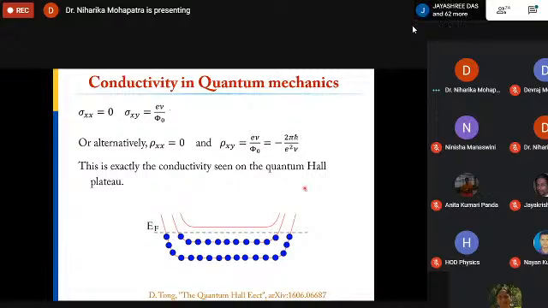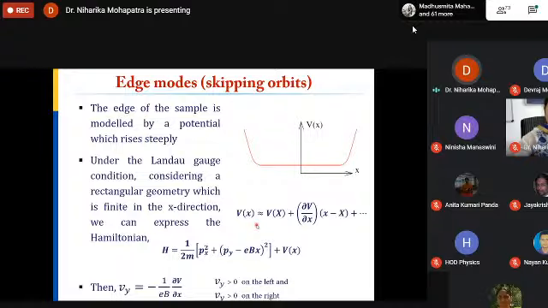Now, how do we get this edge current? That is because when you draw these Landau levels, you can see that in the bulk they are away from the Fermi level, whereas these are filled up to the Fermi level, and only at the edges you find these carriers. Mathematically also you can show this. At the edges, because of the cut, there is an additional potential that you can introduce due to the finite geometry.